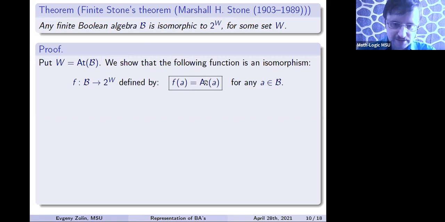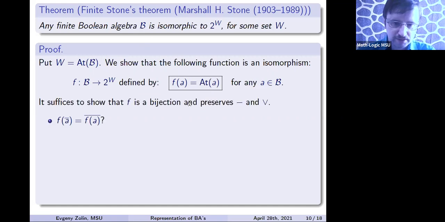So at of A is a subset of W. Now we need to show that this is what we need. So this is a bijection, and it preserves, for example, complement and the disjunction. Then it preserves, of course, the conjunction, 0 and 1. So we only need to show this for the complement.